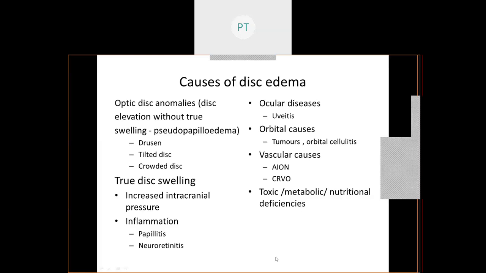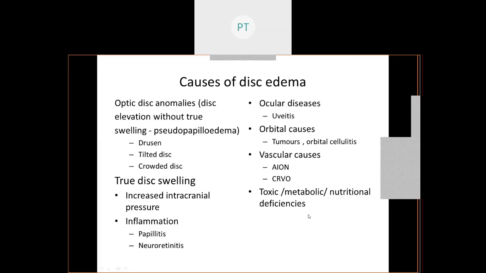Then bilateral causes can be an increase in the intracranial pressure, hypertension, diabetes, other metabolic causes, diabetic papillopathy, advanced Graves' disease, any carotid cavernous sinus thrombosis, then nutritional deficiencies, and anemia.